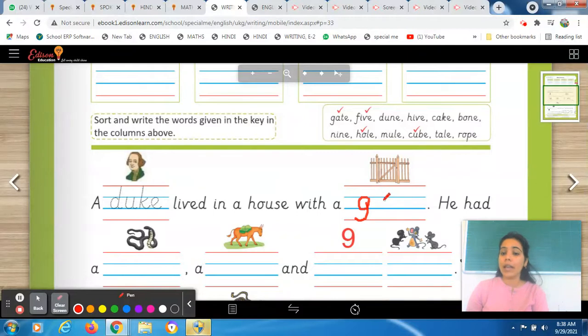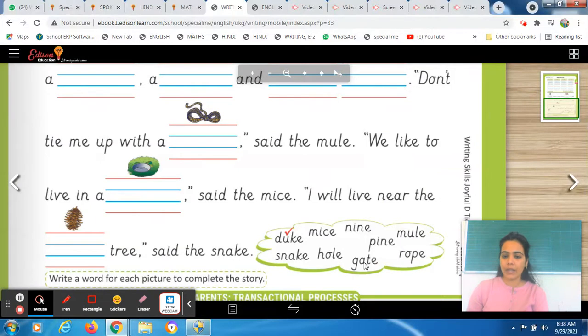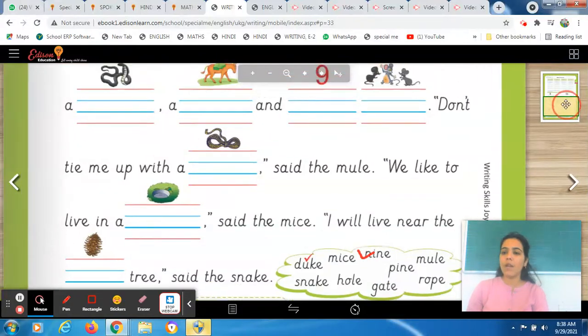The A sound comes from AE, so A. G, A, T. The T sound comes from T. And as I told you before, when you write the spelling of gate and there is an A sound, you have to write E in the last. This is the spelling of gate. After writing it, you can cross check it from the helping box given below. So where is gate? This is gate. Is it right? Yes, our spelling is right. So you will put a tick over here.